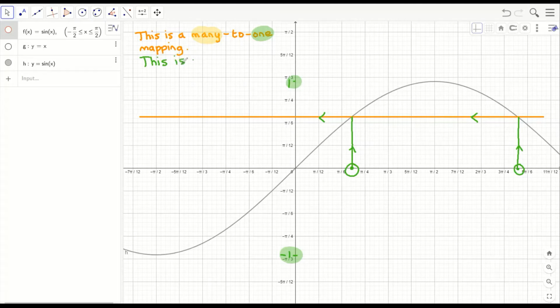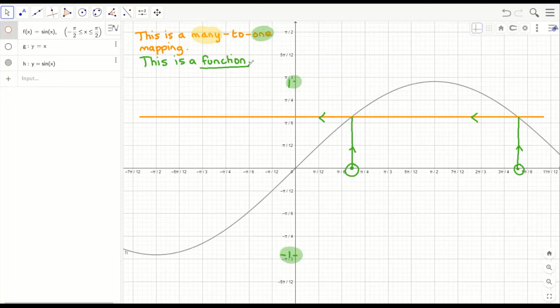Now the question is, does this function have an inverse? Well, I've already said this. No, because it failed the horizontal line test. Okay, it has to be a one-to-one mapping for it to be a function that possesses an inverse.